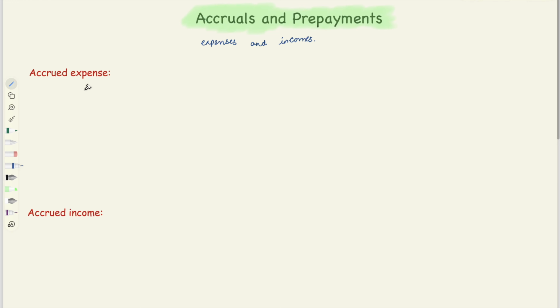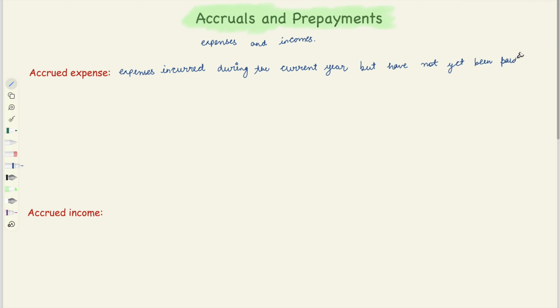First thing that we have is accrued expenses. What is it? Accrued expenses are expenses incurred during the current year but have not yet been paid.